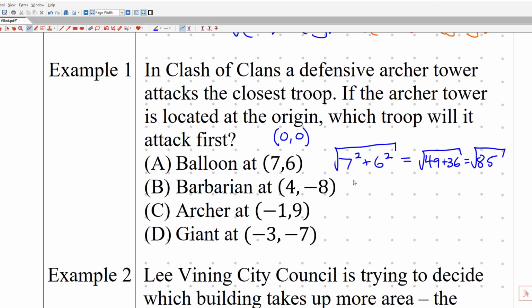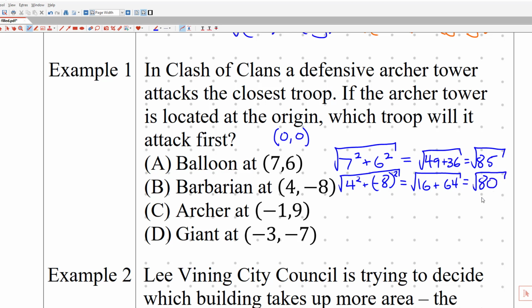So the barbarian, let's do the 4 squared plus, it's technically negative 8 squared, but again, anything squared is always going to be positive. So I should have that squared. 4 squared is 16 plus 64. And when I take the square root of all of that, I'm going to have square root of 80.